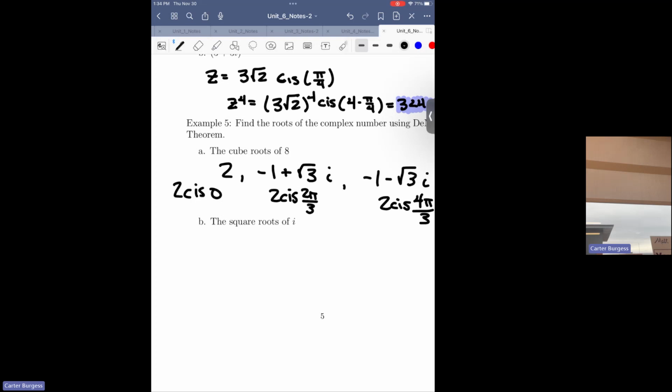So 0 would be our A. And B would be, how many i's? It's 1i, so it would be 0 plus 1i. B would be 1. Yeah, that makes sense. So then we plug it in.